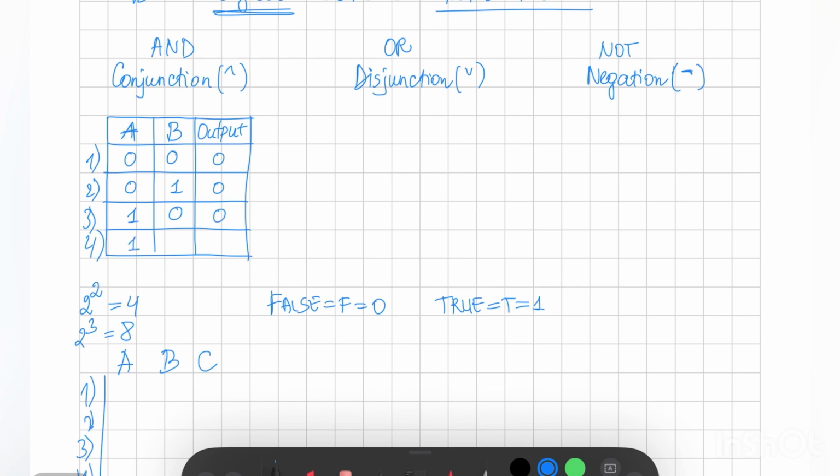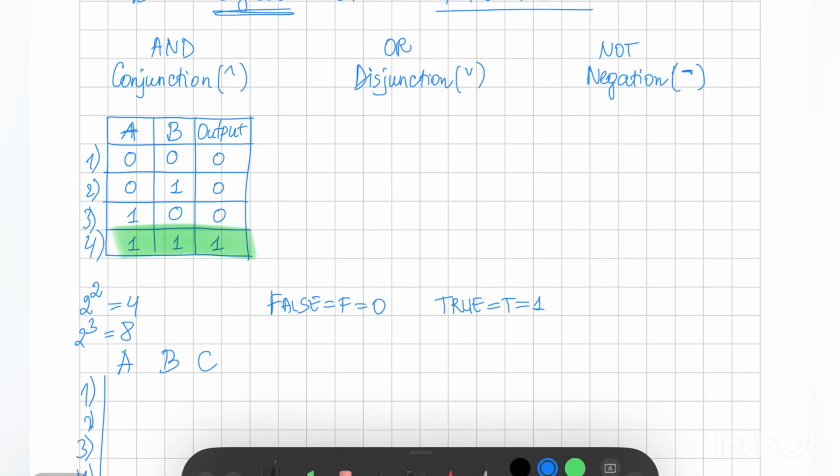If both conditions are true, then output will be true. In AND conjunction, we will have output true only if both inputs are true. If one of them or both of them are false, then output will be false.